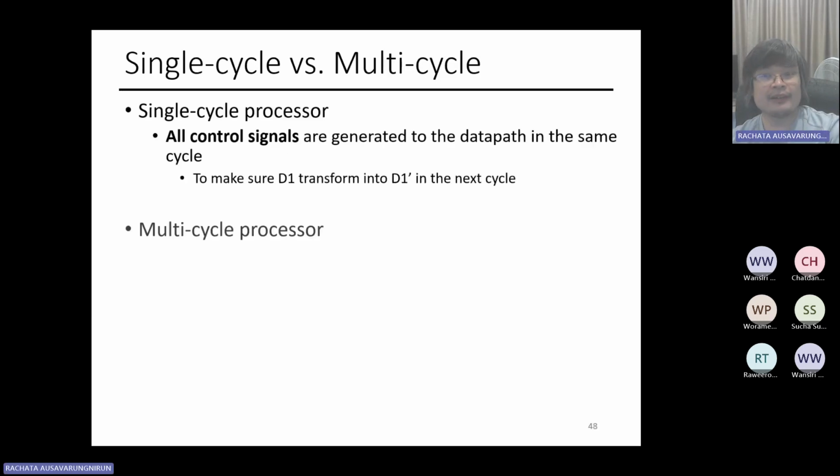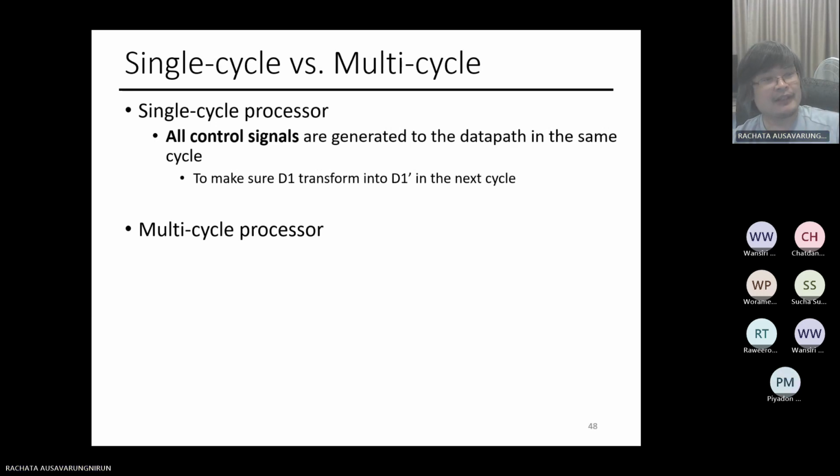All right, now let's go back and revisit the concept I mentioned earlier, which is the multi-cycle processor. In the single cycle processor, everything happened in one cycle, which means all the control signals are generated in the same cycle, and the transformation from D1 to D1 prime happens in the next cycle.